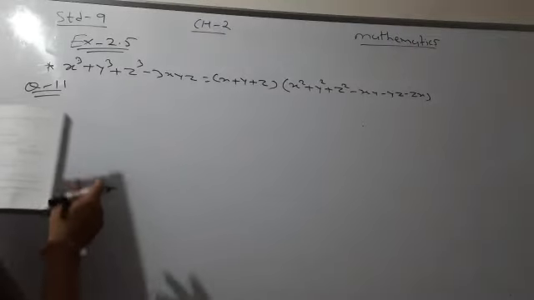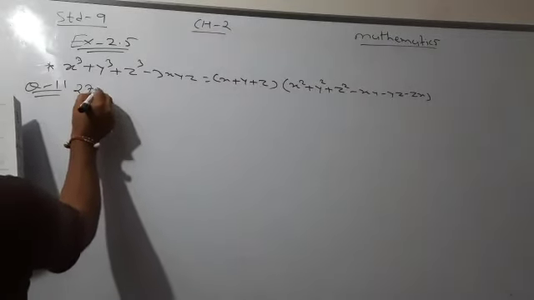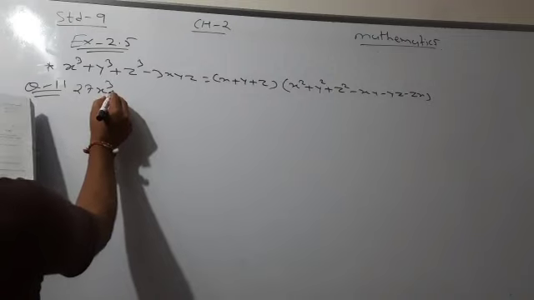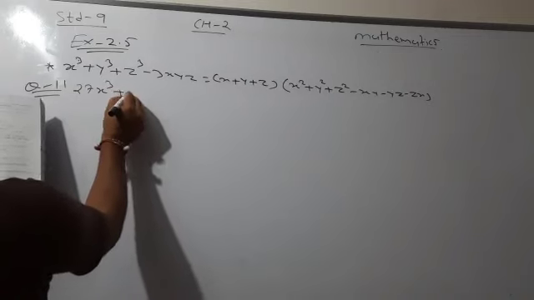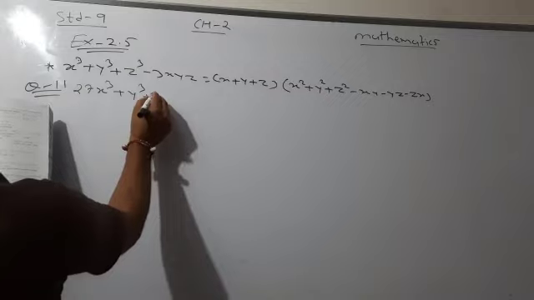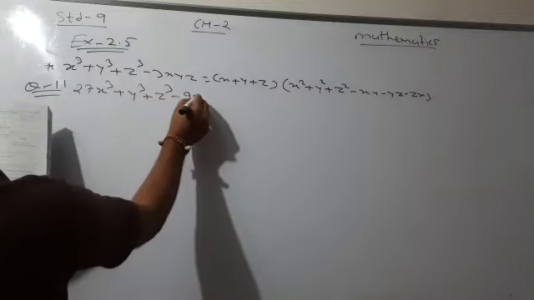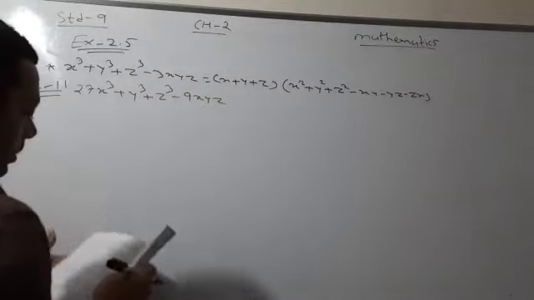See, question number 11 is 27x cube plus y cube plus z cube minus 9xyz.